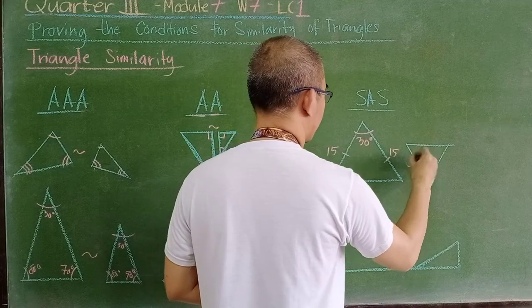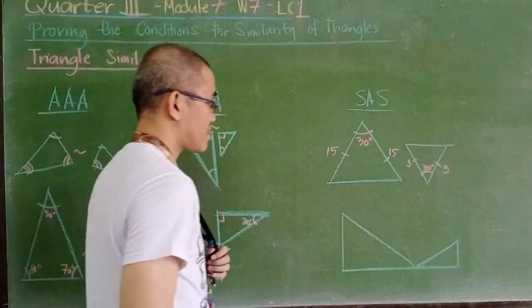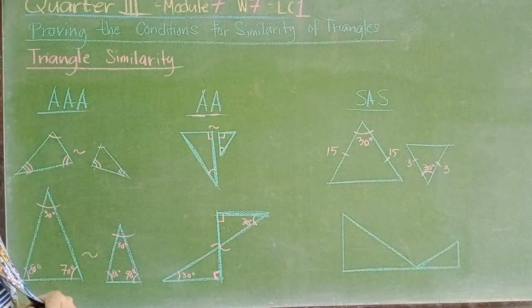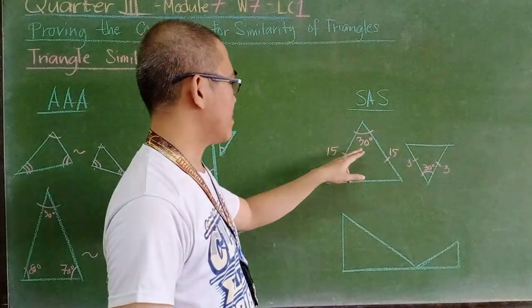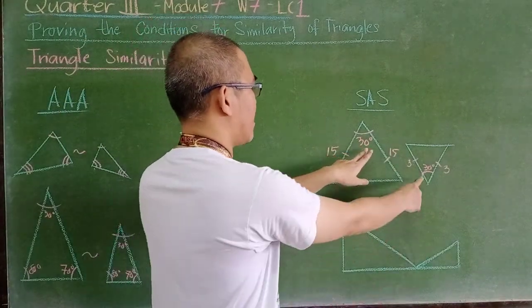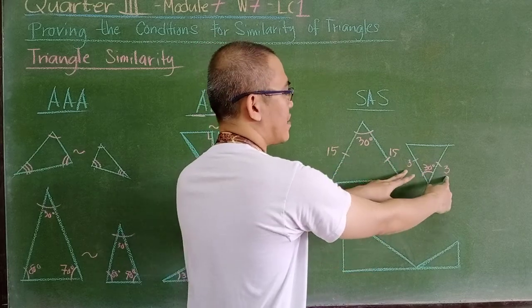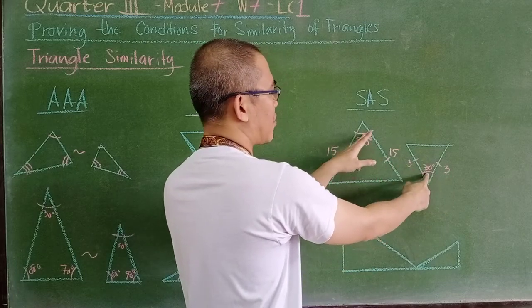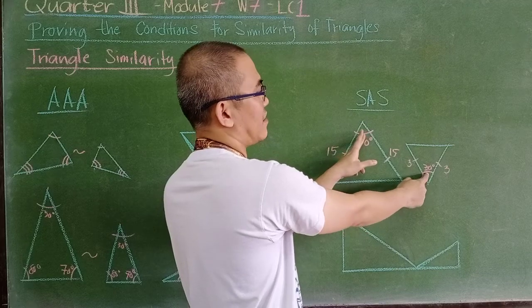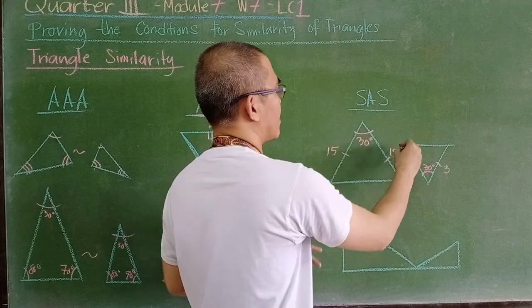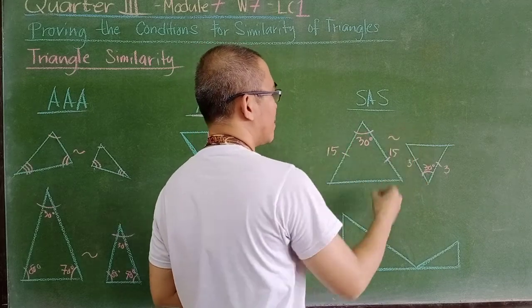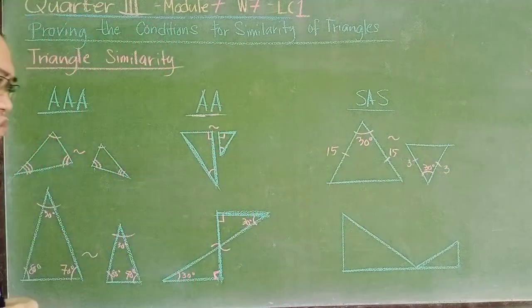Tapos dito, 3, and this is also 3. So kung makikita natin, given natin, isang angle tapos dalawang sides. So pag yung dalawang sides na yan, proportional sila, and then meron kang congruent angle na pares, ibig sabihin, these two triangles are similar.